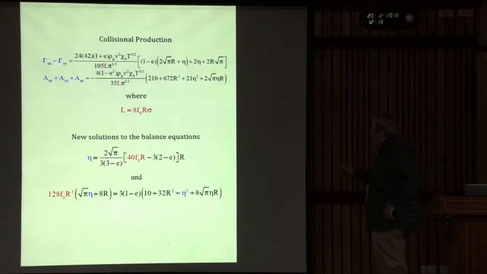And so here is the expression for the collisional productions of the two combinations of moments. The right-hand side of the two equations of balance that we looked at before, everything is the same except where sigma once was, we replace it by L. Okay, and again, here is the definition of L in terms of our measure of shear rate and this function of volume fraction that is singular at random close pack.